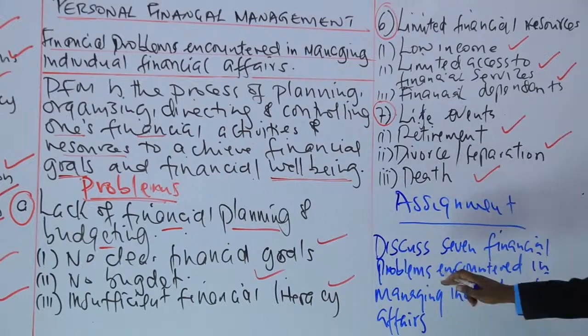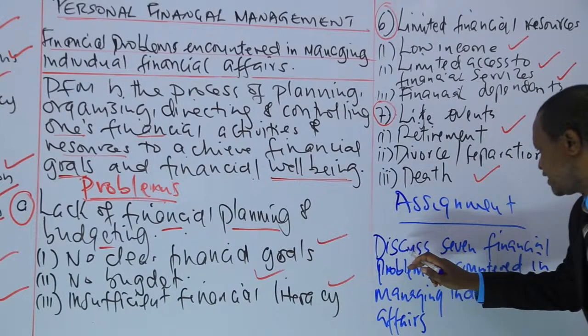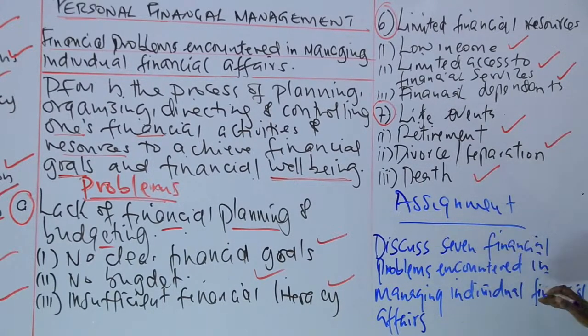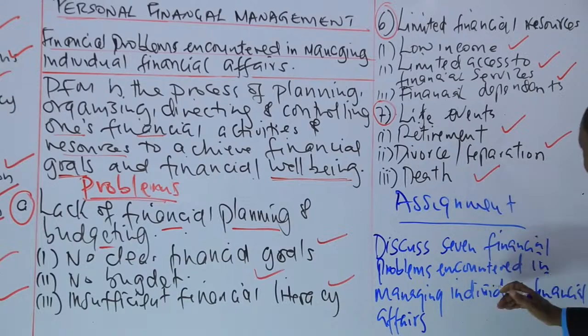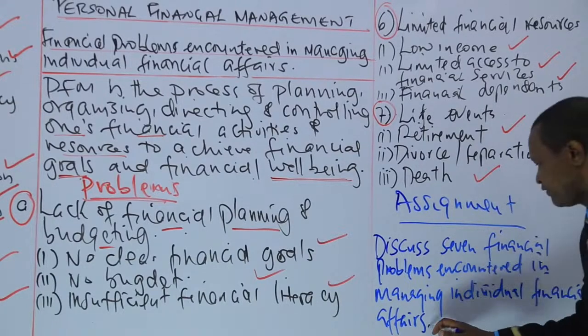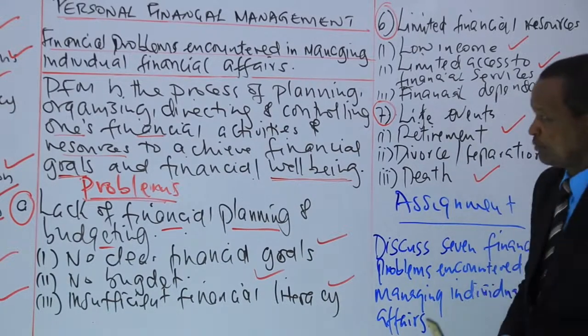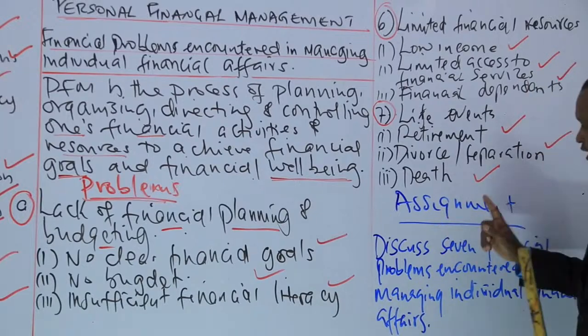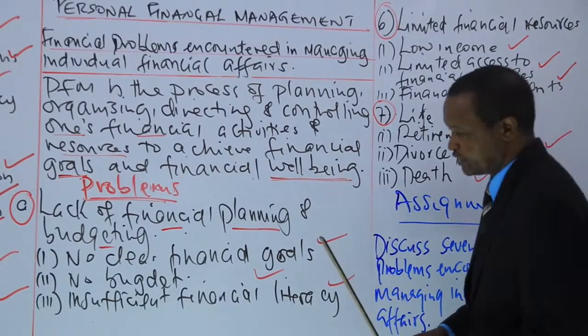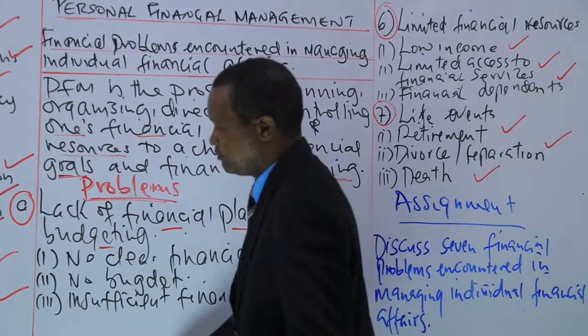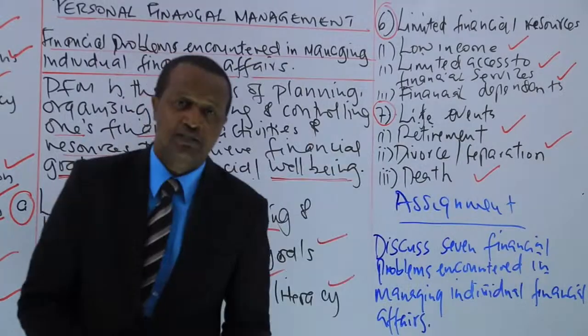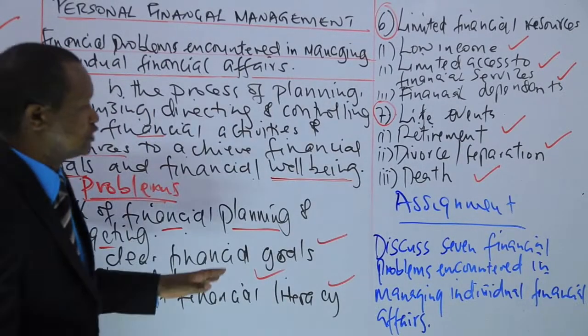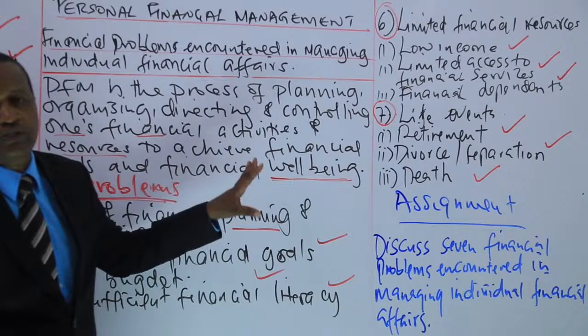Discuss 7 financial problems encountered in managing individual financial affairs. That is today's assignment. While answering this question, please don't refer directly to the notes. Try and see if you can recall what you have learned in today's lesson without referring to the notes.